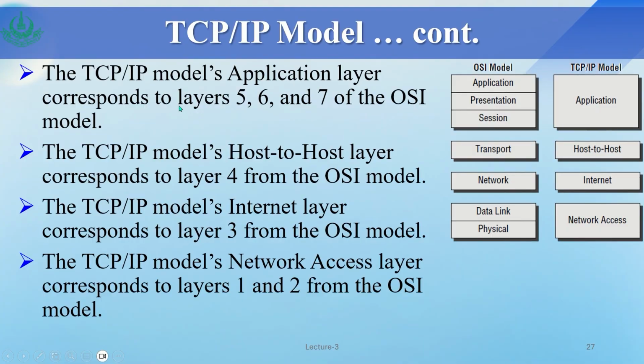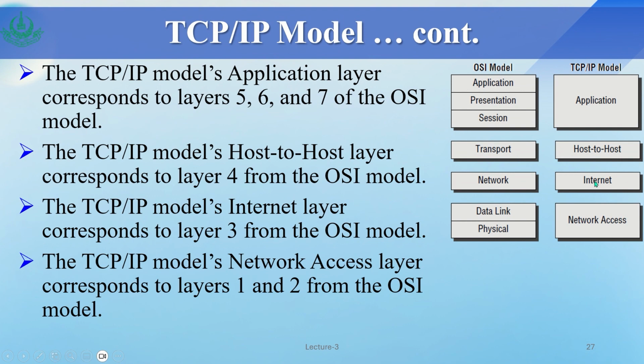The TCP/IP application layer corresponds to layers 5, 6, and 7 of the OSI model, as shown in the picture. The TCP/IP model host to host layer corresponds to layer 4 of the OSI model, which is called the transport layer.